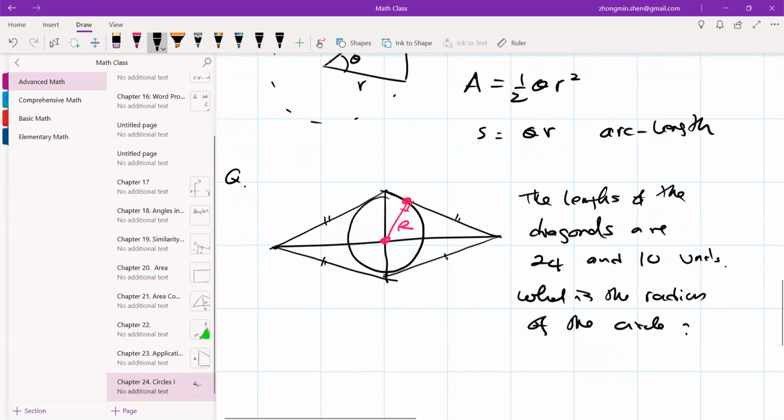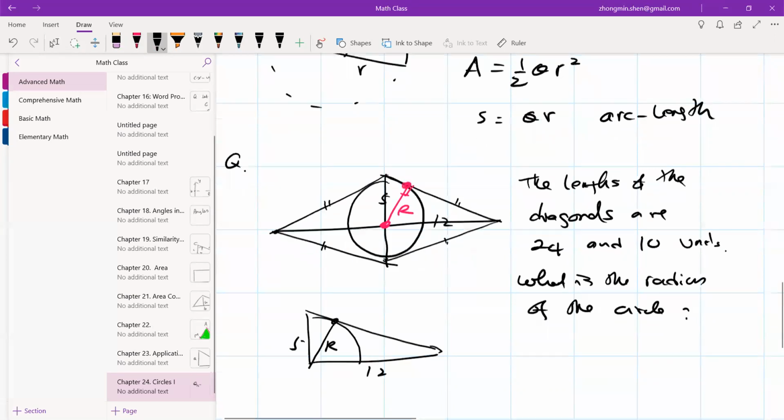The lengths of the diagonals are 24 and 10. So the shorter half is 5, and the longer half will be 12. This is a circle, this is a radius, and this is 5. I just need to find the radius.